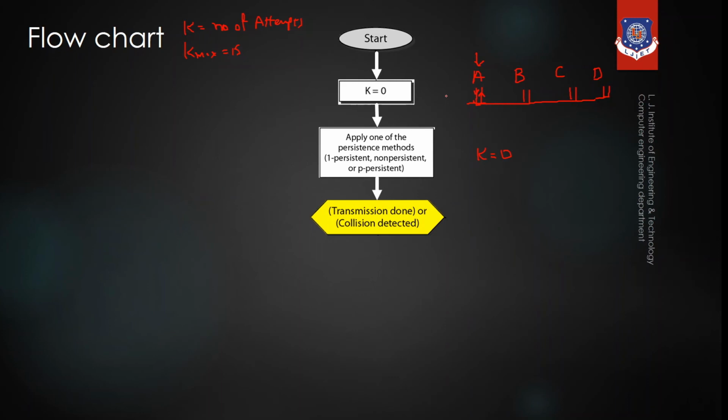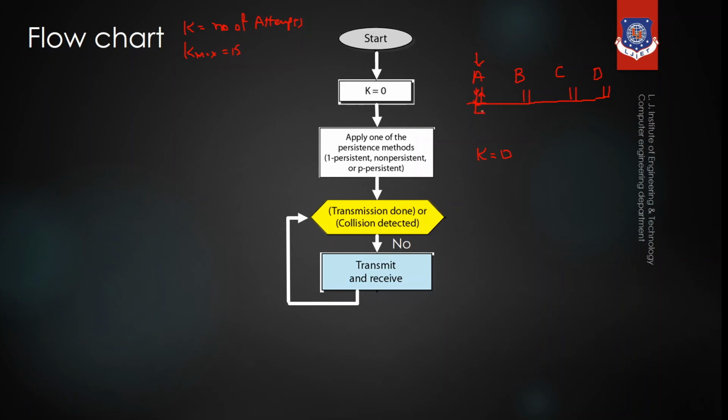Suppose after sensing the channel, device A finds that the channel is idle, device A will transmit and receive. Now what is the meaning of transmit and receive? I just told you that each device has two ports. One port is to send the data and the other port is to check whether there is a collision or not.